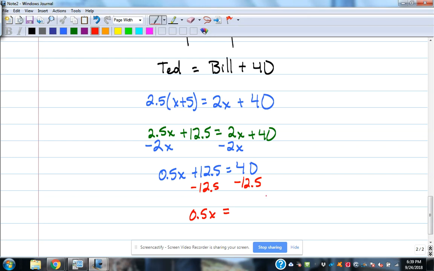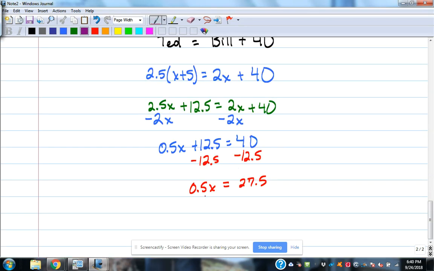27.5, right? Divide by the 0.5. It's going to double that to 55.